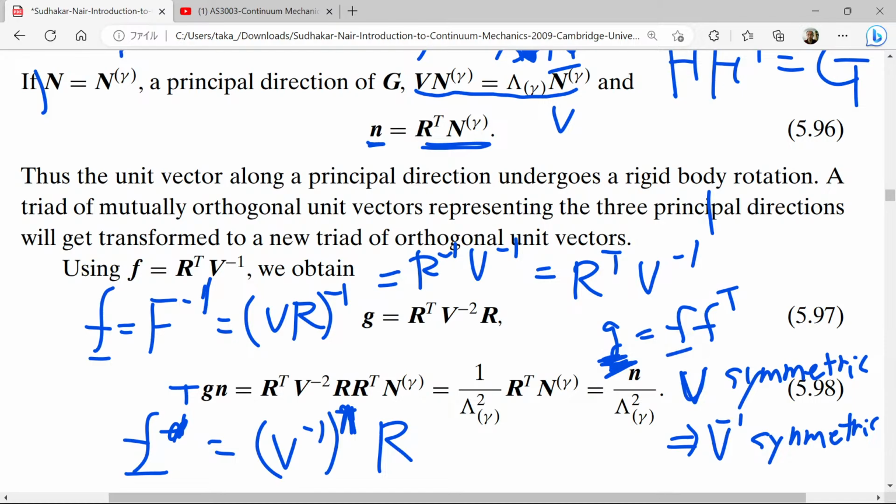G is F transpose, and F transpose is V inverse R. F is RT transpose V inverse.